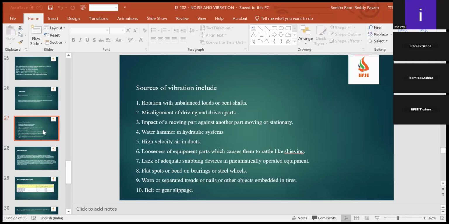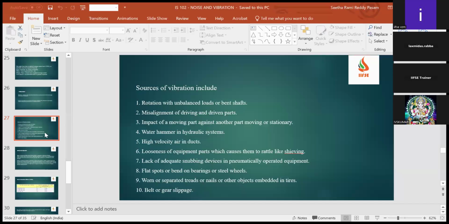Lack of adequate snubbing devices on pneumatically operated equipment, which can absorb the vibration, and flat spots or any bend on the bearings or steel wheels, then worn or spread threads or nails or any other objects embedded in the tires. That is also one classic example with respect to automobile belt or gear slippage. These are a few sources.